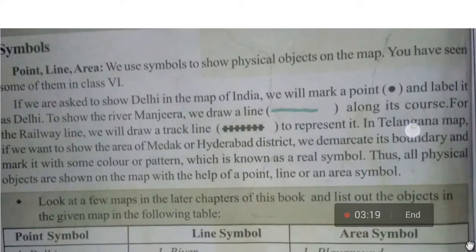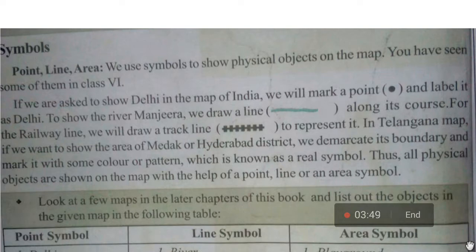See here, symbols. If you want to locate one place in a map, we need symbols: line, point, area. So what are the uses of these symbols? Already in 6th class you learned what a point is, what a line is, and what an area is, and how it can be identified. Suppose we want to identify Delhi in a map of India.